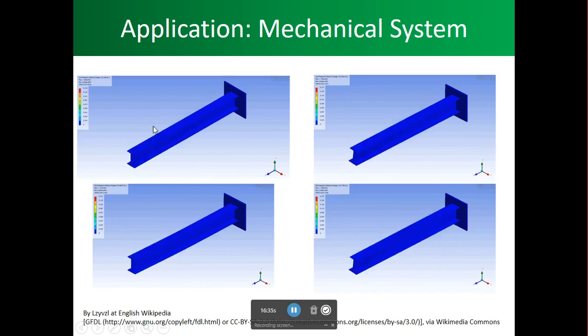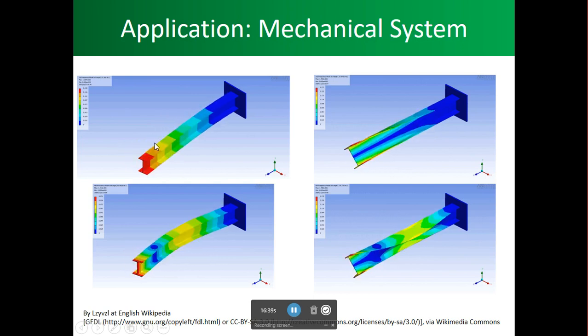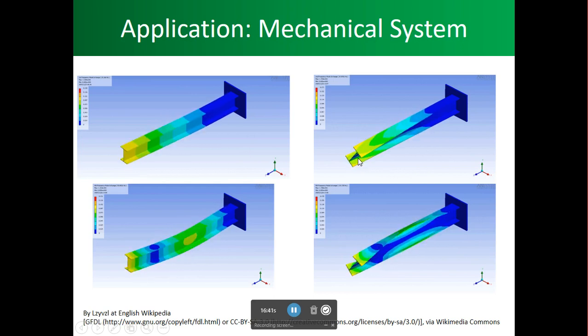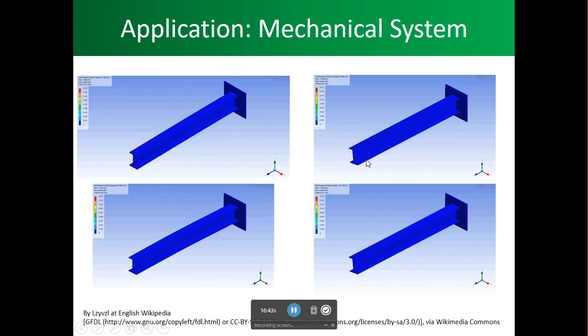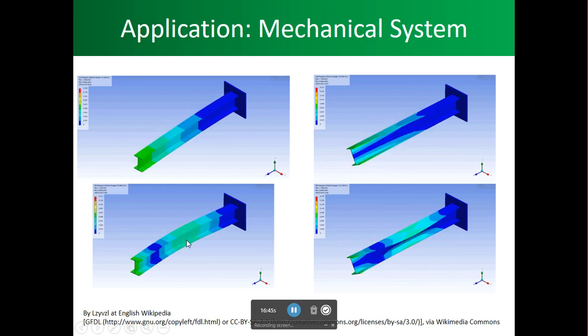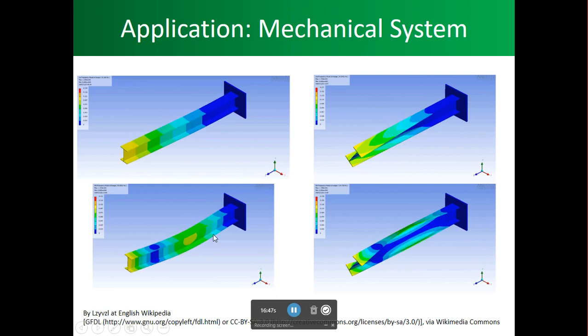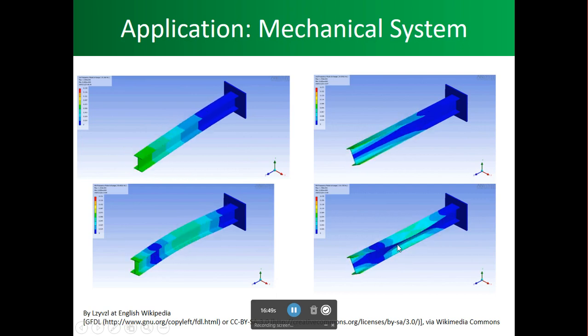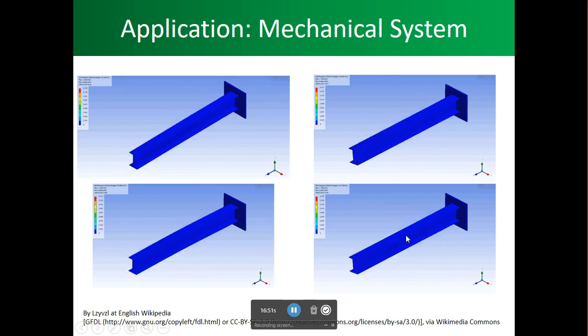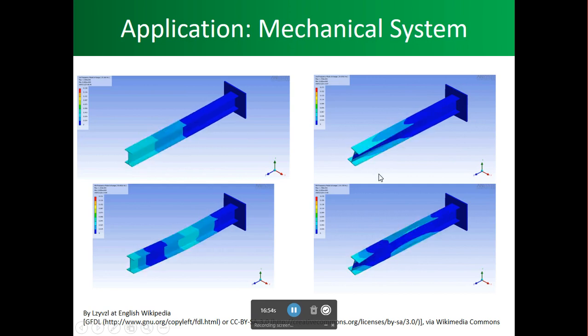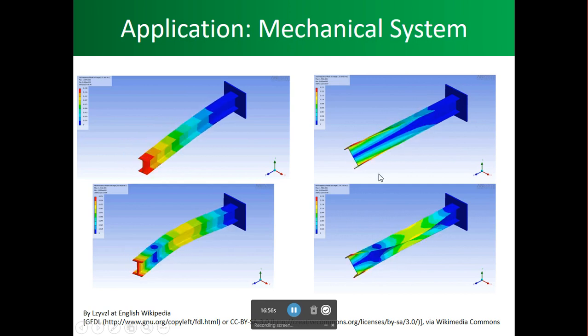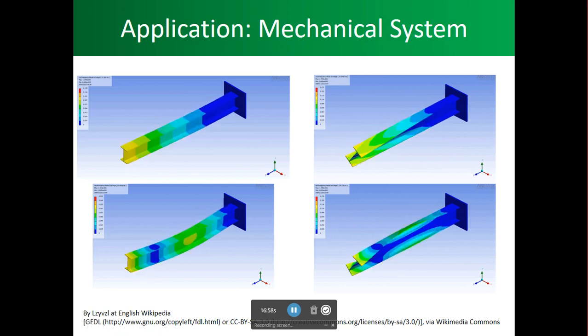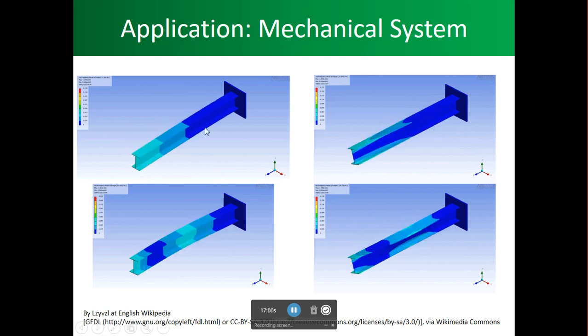We can see this one here is rotating. This one is bending, and this one is rotating and bending. So the question is, how do we come up with equations that will represent this?